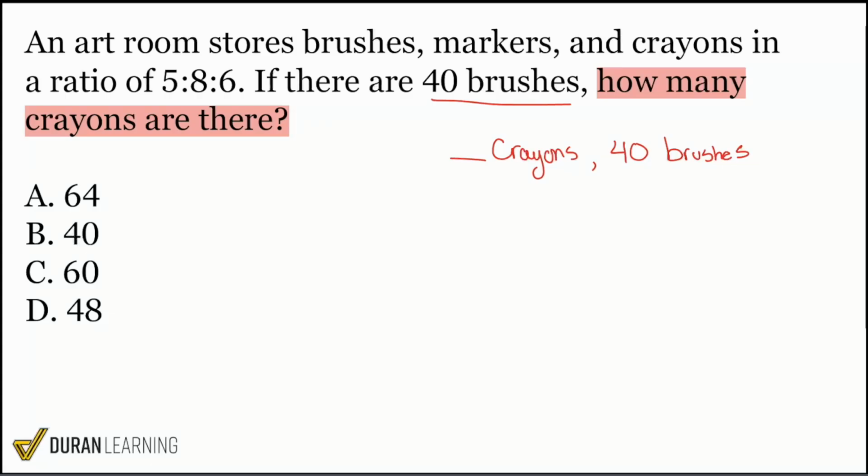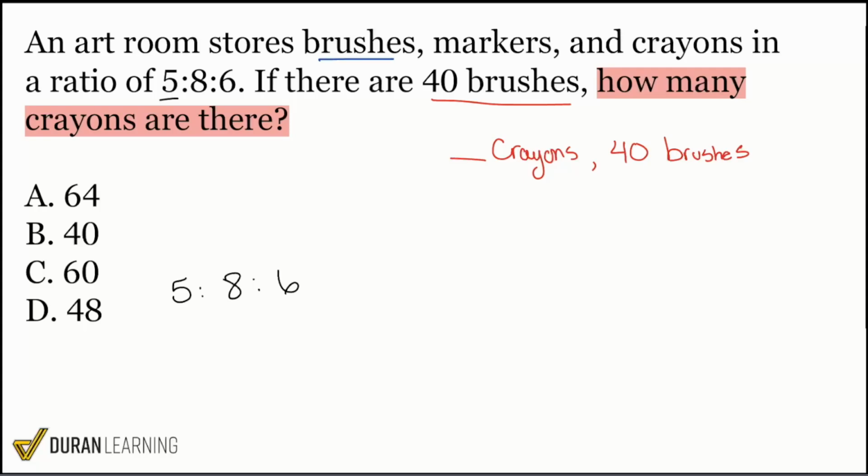Take a look. We have the ratio of 5 to 8 to 6. Knowing that the order matters with ratios, my party people, help me out. What does the 5 represent when it comes to that ratio that we just read? The 5 is that first number. What was the first item mentioned? Brushes, that's right. Notice brushes, markers, crayons. 5, 8, 6.